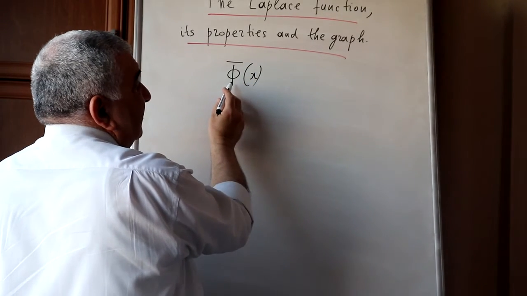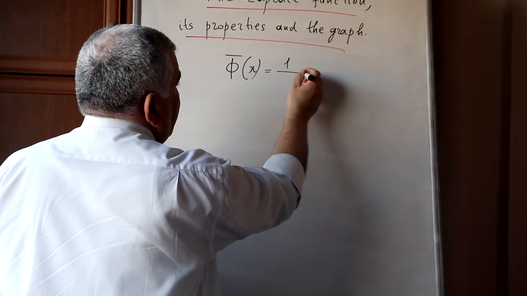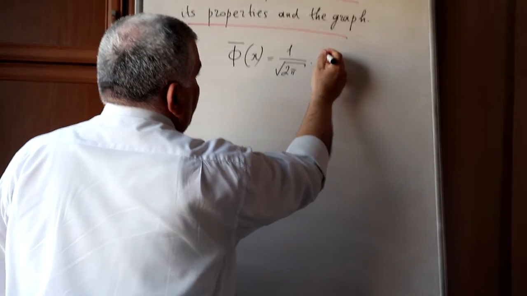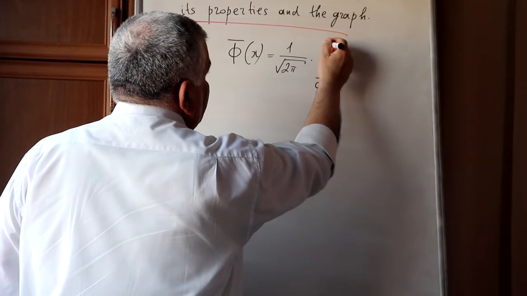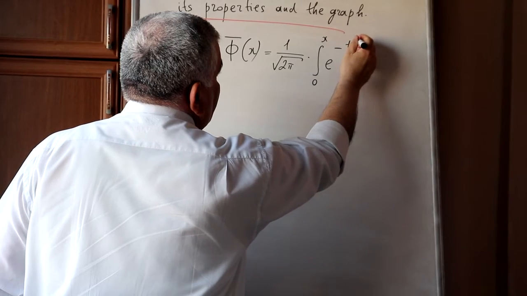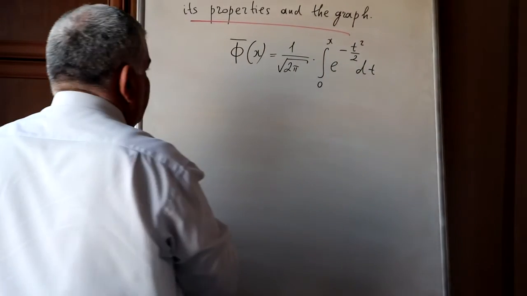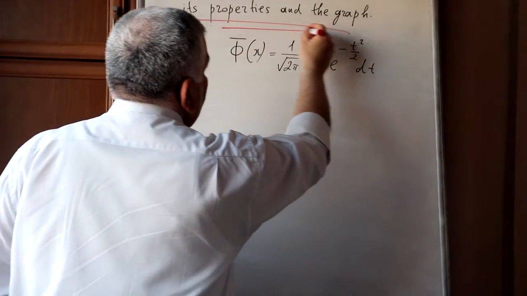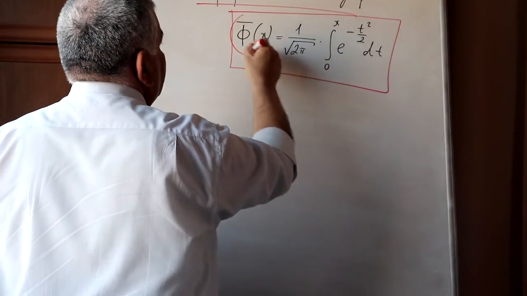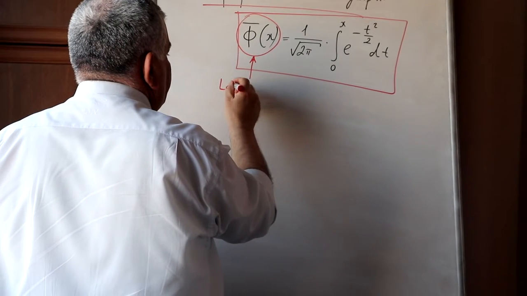It is read as phi bar of x is equal to 1 over square root of 2 pi multiplied by the integral from 0 to x of e to the minus t squared in half dt. It is the Laplace function.